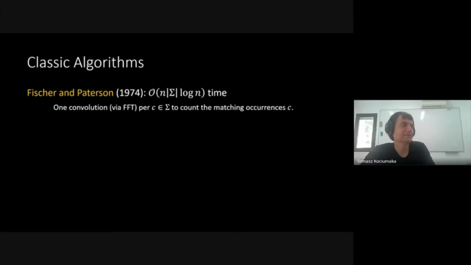So that's the text-to-pattern Hamming distances problem. And it's a very classic problem. Already the first non-trivial algorithm is from the 70s. It's by Fischer and Paterson, who showed that the Hamming distances can be computed in n log n time multiplied by the alphabet size. And the main idea behind that algorithm is to count the matching occurrences for each character c in the alphabet, so matches between occurrences of c in the pattern and occurrences of c in the text.